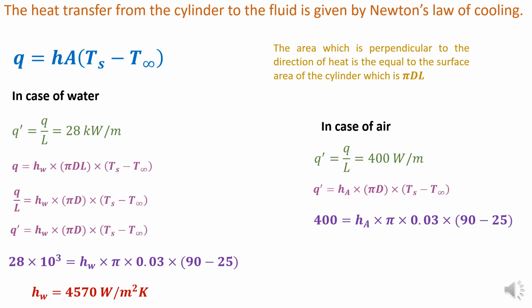We have the equation 400 equals hA into pi into 0.03 into (90 minus 25). By solving this equation, we found that the convection coefficient in case of air is 65.3 watt per meter square Kelvin.